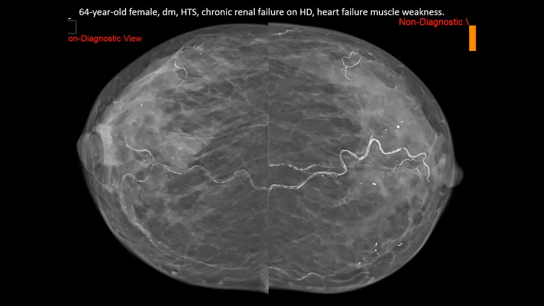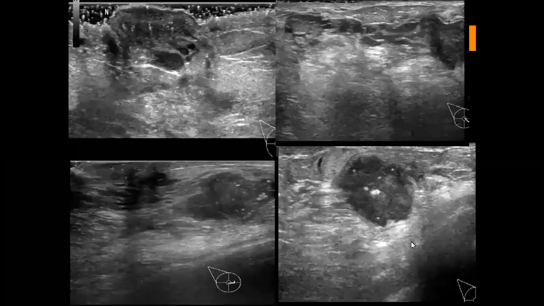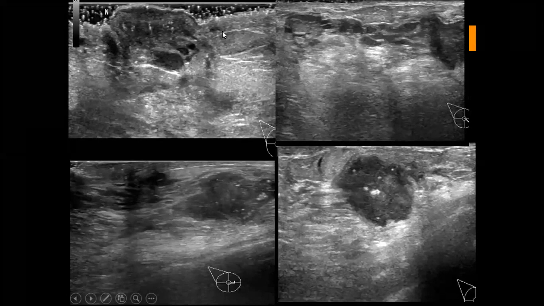Next is the ultrasound. That asymmetry was found to be a malignant mass. And these are the ducts associated with calcification, multiple ducts reaching the nipple, and the nipple is involved, enlarged and hypoechoic with calcification.